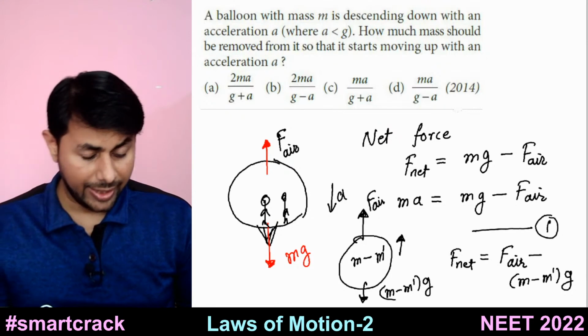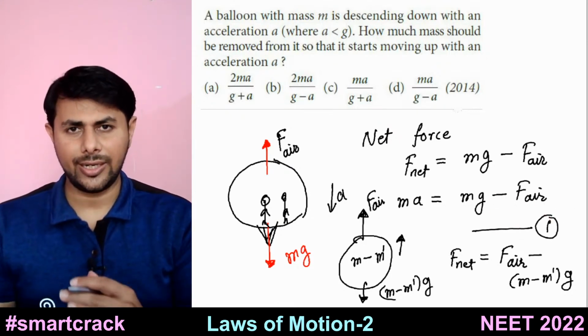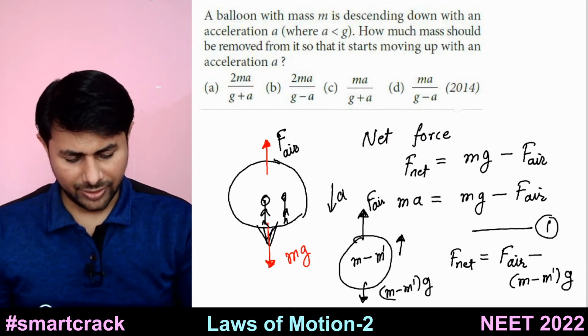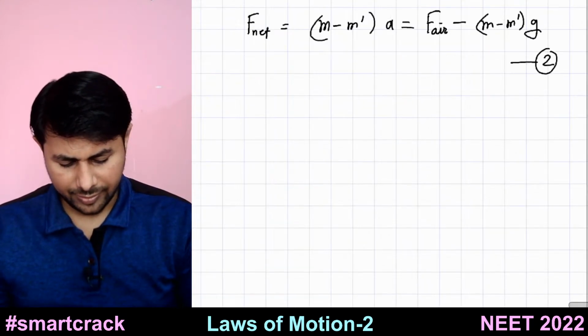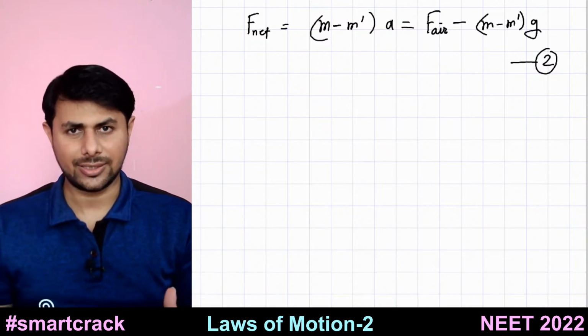Why am I adding these two? Because in one, the force due to air is negative, and in the second one, the force due to air is positive. If you add them, it will get cancelled out.